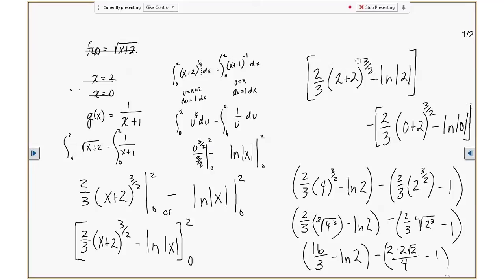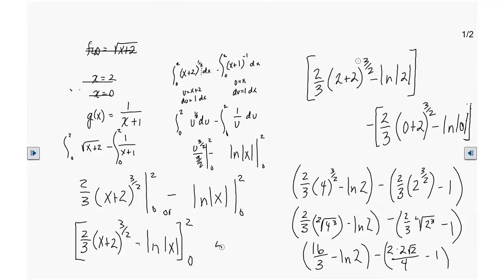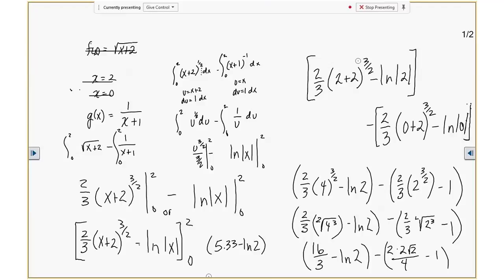But that would be 5 1/3, 5.33. Minus natural log of 2, which I have no idea what that is. 2 times 2 is 4. The 4 cancels. So that's going to be 1.41 minus 1 is 0.41.